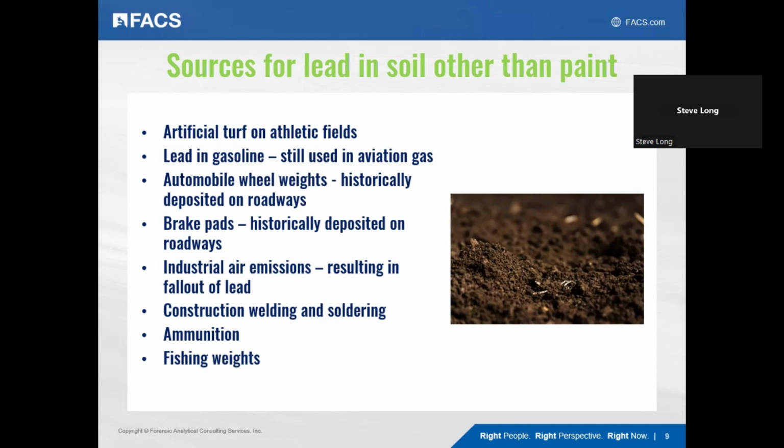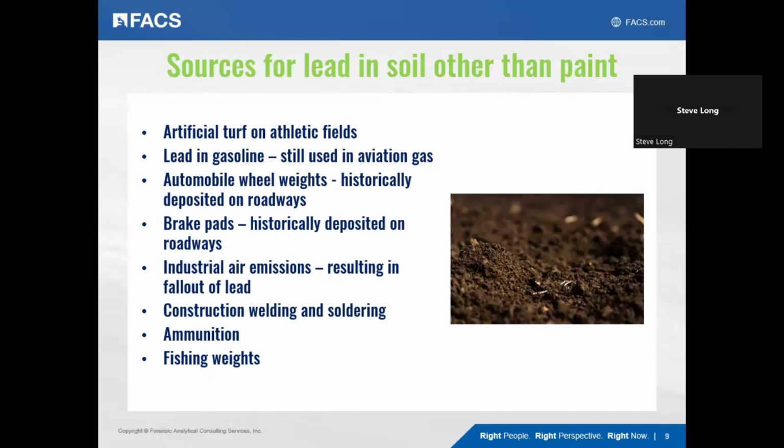Historically, lead has been used for automobile wheel weights to balance wheels, and these can fall off from time to time and basically get ground up on the roadways. So it can again end up in the soil due to wind and water, as can the lead that was used historically in brake pads. We have industrial air emissions. Something like a battery factory may have some emissions of lead, and there may be some fallout in the nearby communities onto soil.